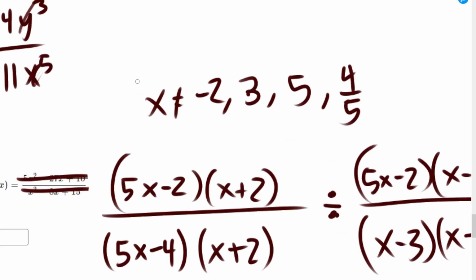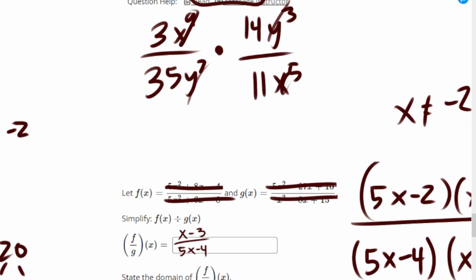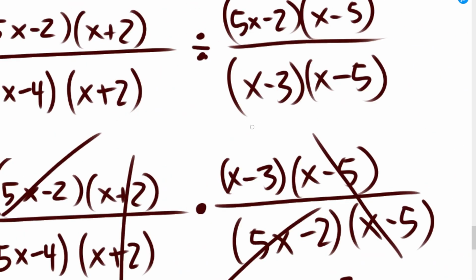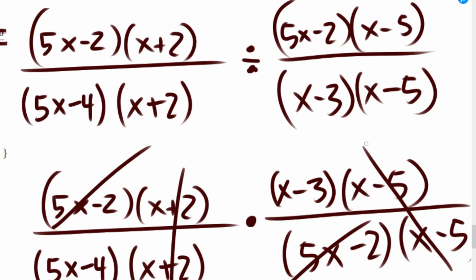And then, let's try this. x minus 3, well, first we want this, over 5x minus 4. Okay, I see how it's going. I see what it wants. Maybe. I have one more solution I need.